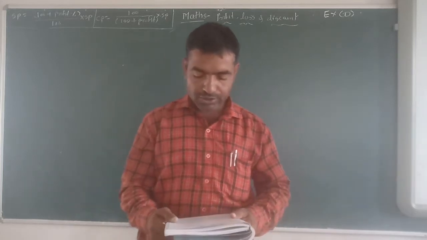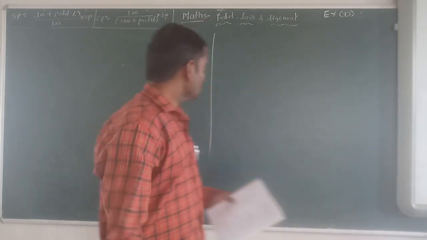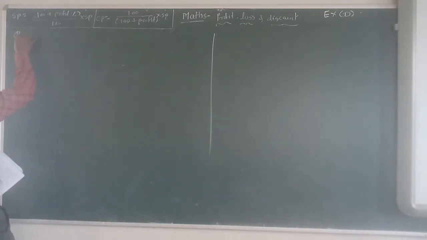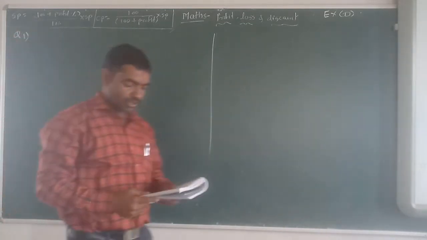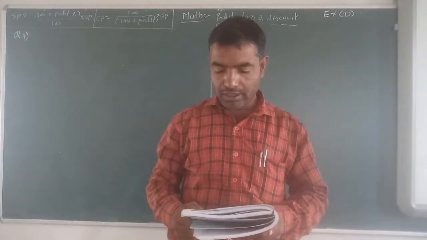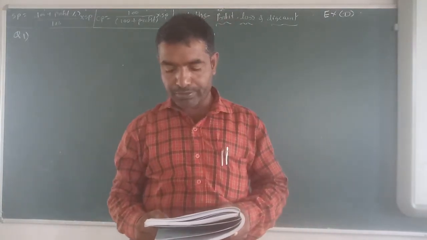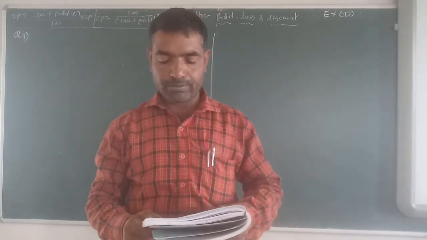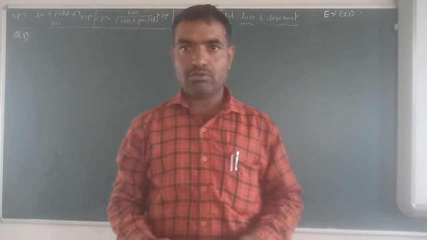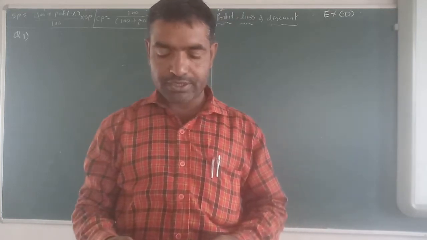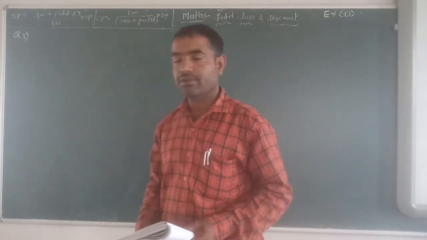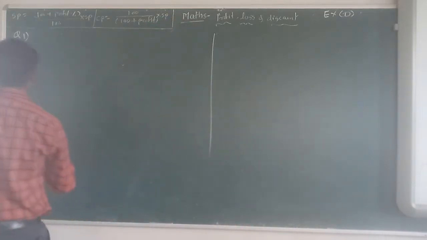Now see, we are going to study the first question. Question number 1. An article is marked for rupees 1300 and is sold for rupees 1144. Find the discount percent. See here, the mark price is given.